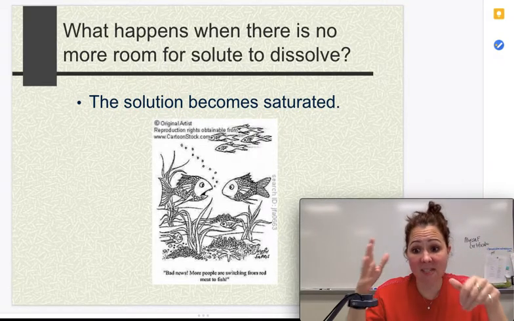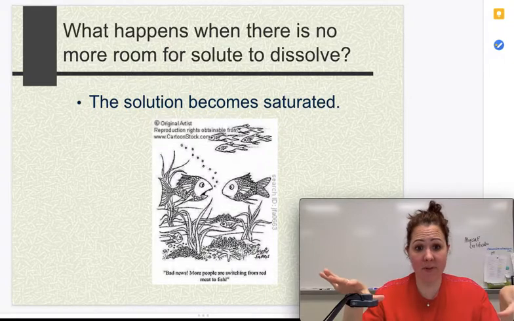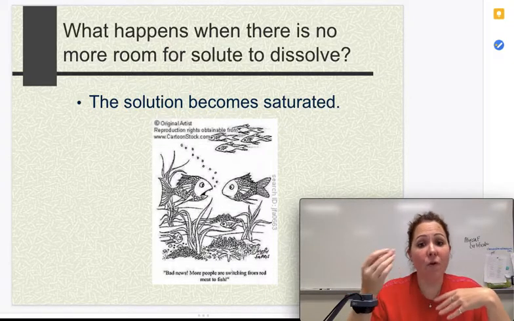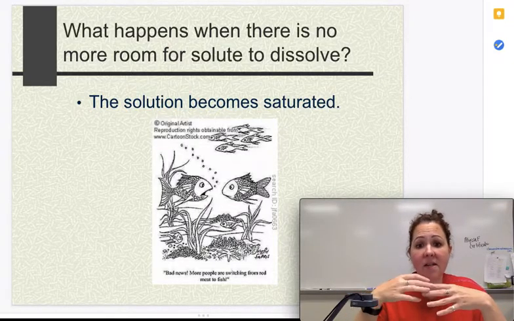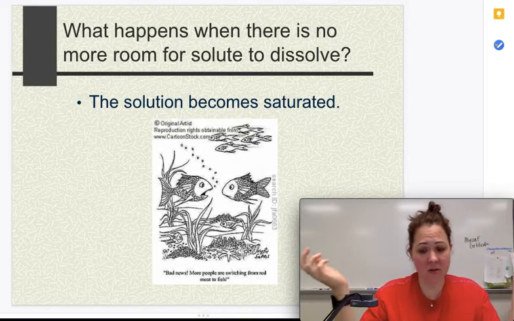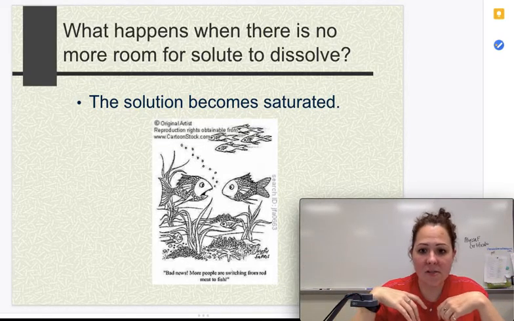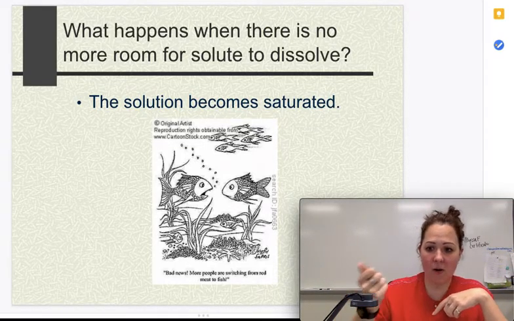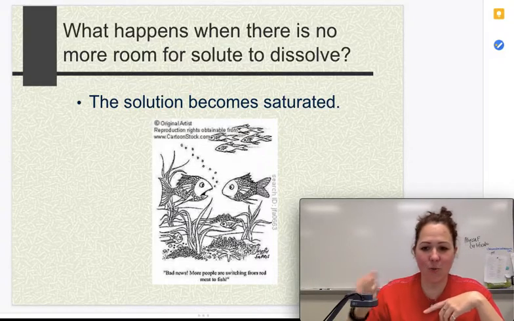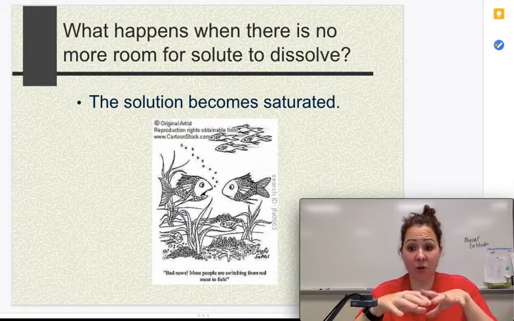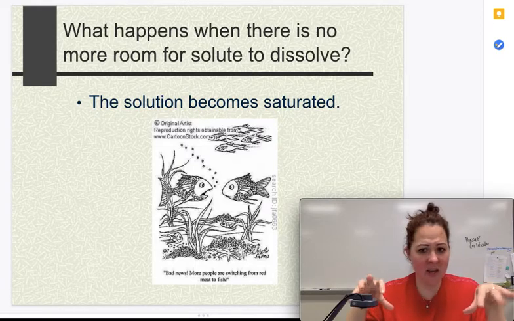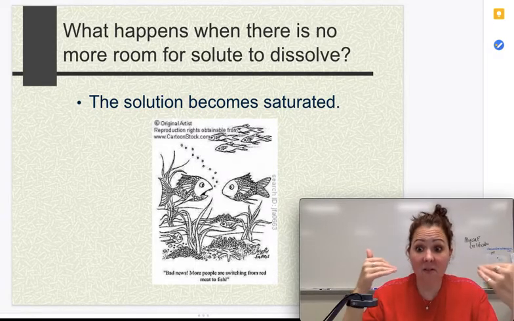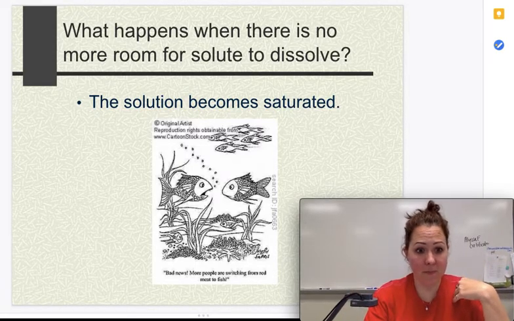So that means that I have 6 extra kids that don't have a place to sit. They're just going to stand or hang out or sit on the floor. The sugar does the same thing in water. You add the sugar to the water again and again, and eventually you're going to have extra sugar crystals just kind of hanging out in the bottom. That is still a saturated solution.